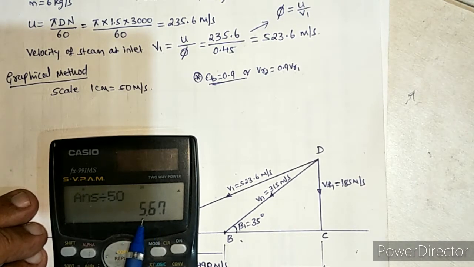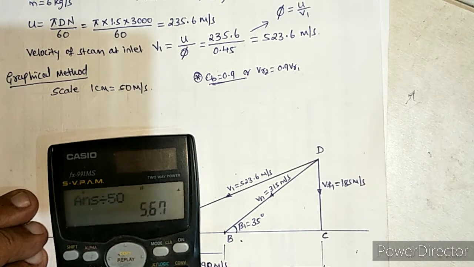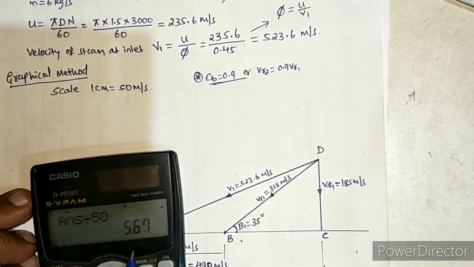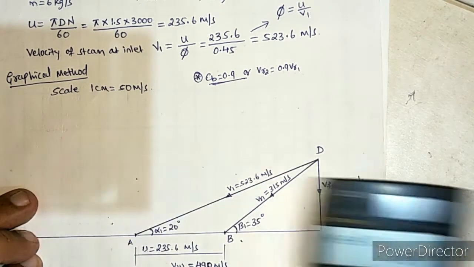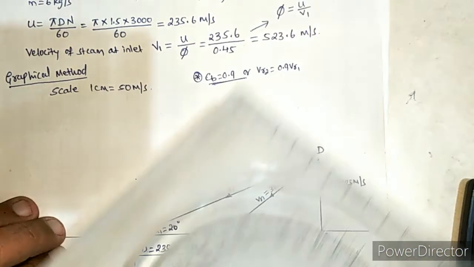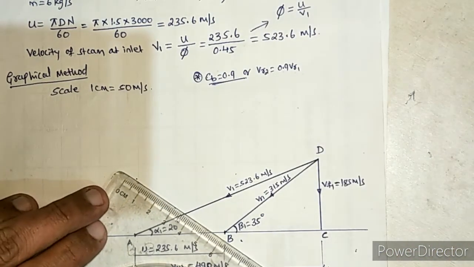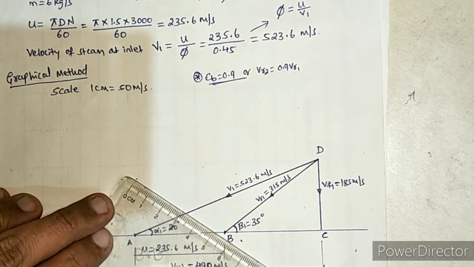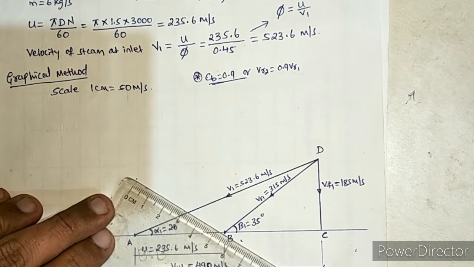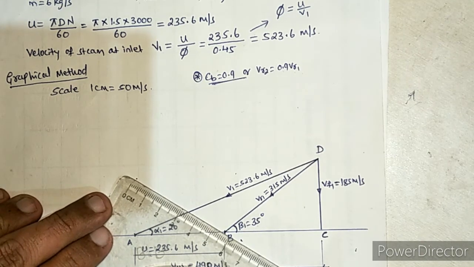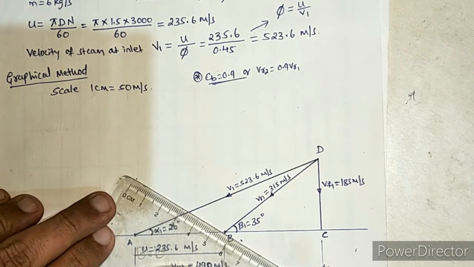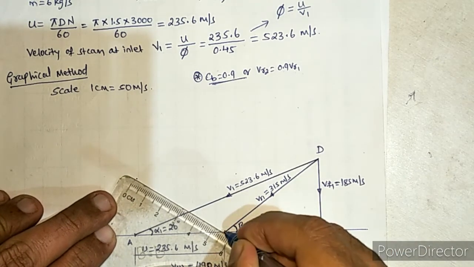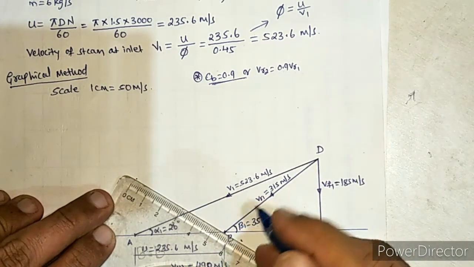So 5.67. So the length of this VR2 is 5.67. So I'm going to draw a line of 5.67 centimeters.